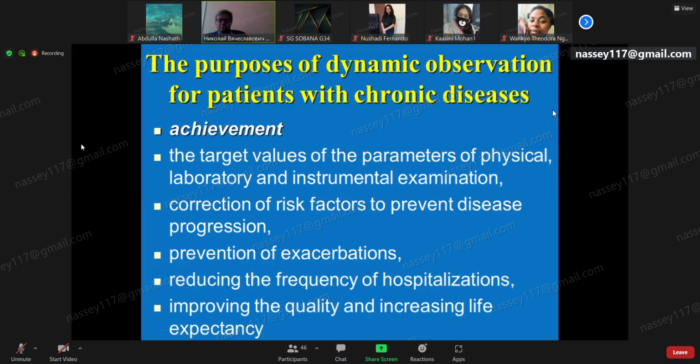For example, peptic ulcer: prevention by taking proton pump inhibitors.